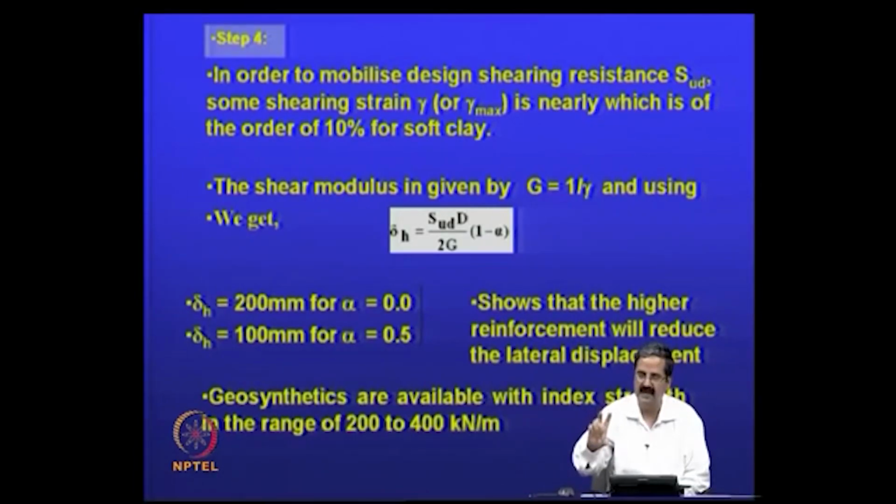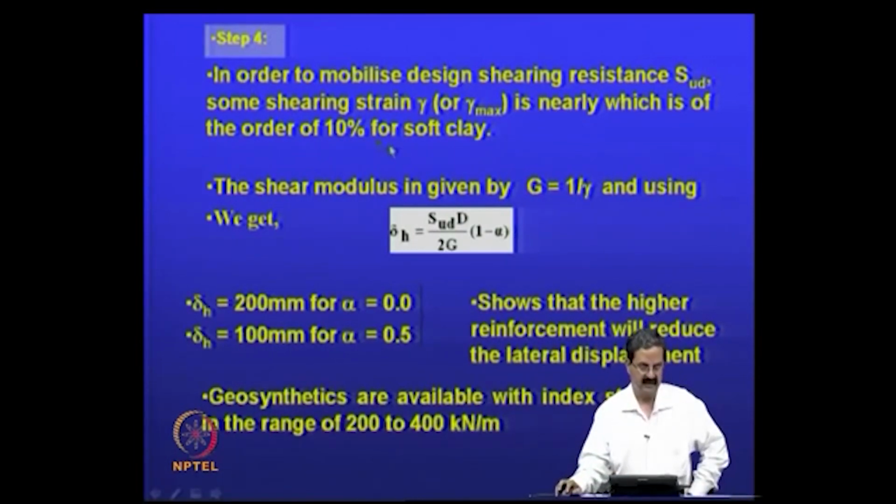If you take the same sample in the lab and conduct a stress strain curve, it will be roughly about 9 to 10%. Large strains only are mobilized, because most soft soils are normally consolidated and the strains are much higher, and we assume that the strength gets mobilized at 10% strain level. So, we use a term, and that is why I said 10%.